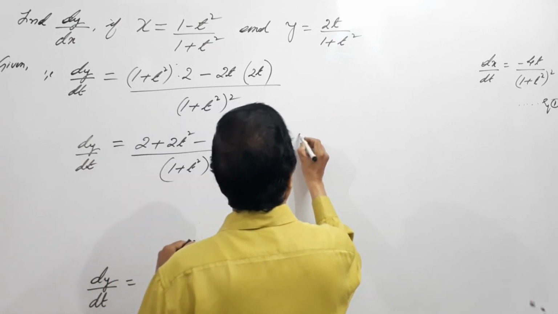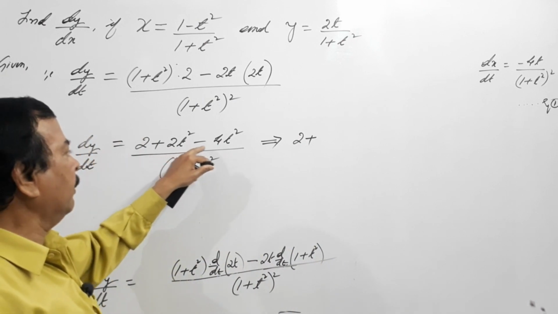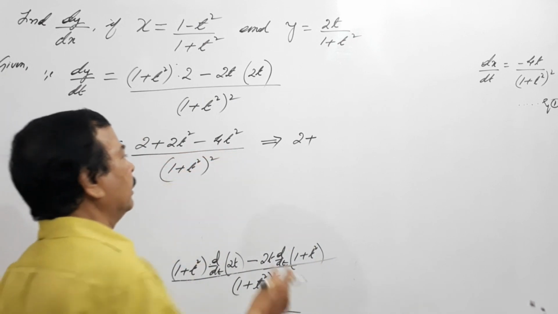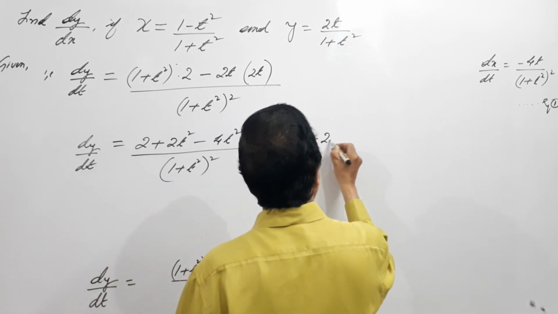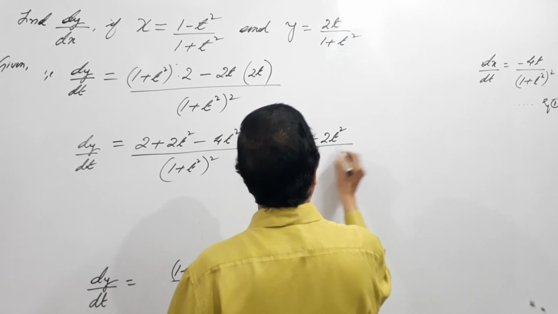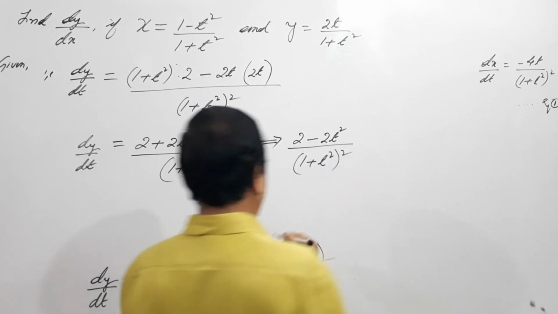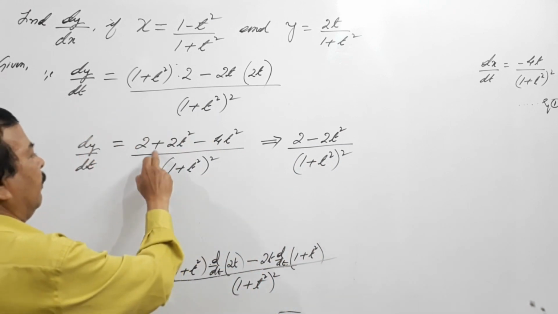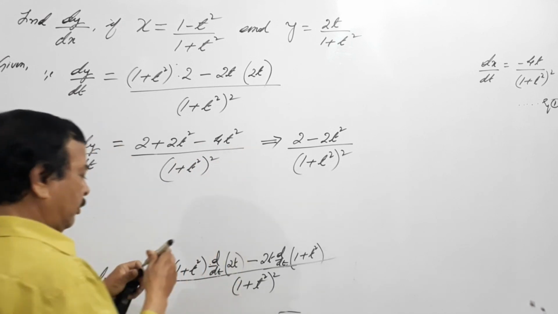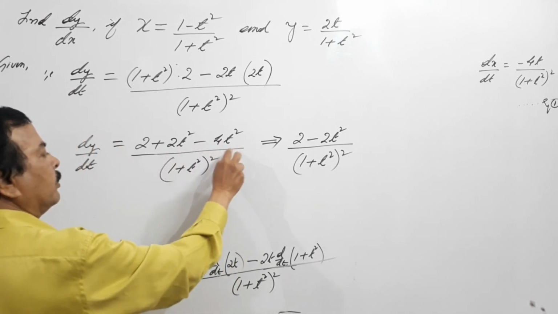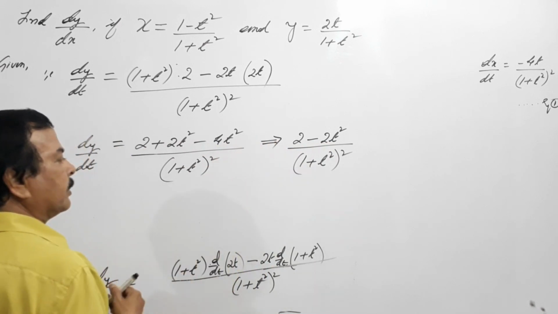This becomes 2 plus 2t square minus 4t square, so it becomes minus 2t square. Did you understand? We have plus 2t square minus 4t square, so you subtract now, and that becomes minus 2t square. This 2 you have as it is, divided by this.